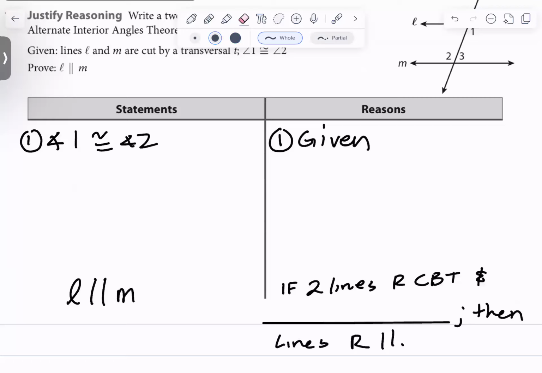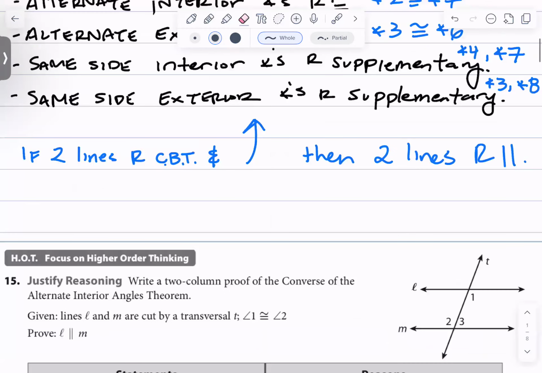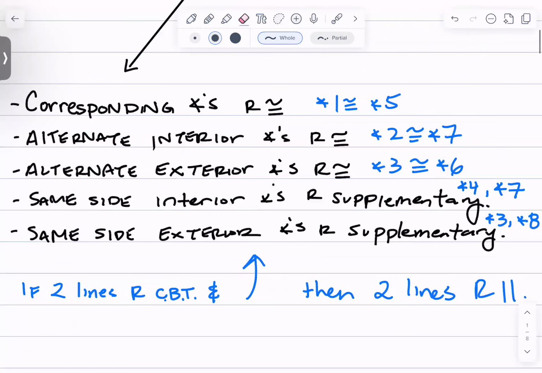Does that make sense? And all I got to do is figure out that blank. So our job here is to showcase that one of these five angle relationships exists. And once I do that, then we're good.